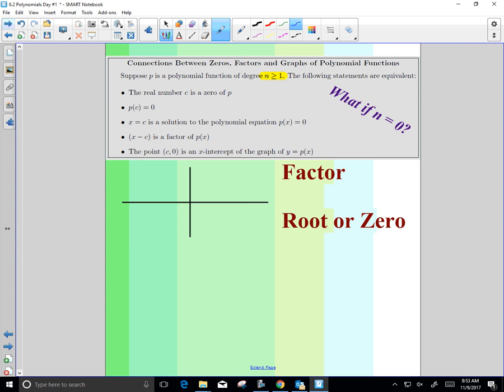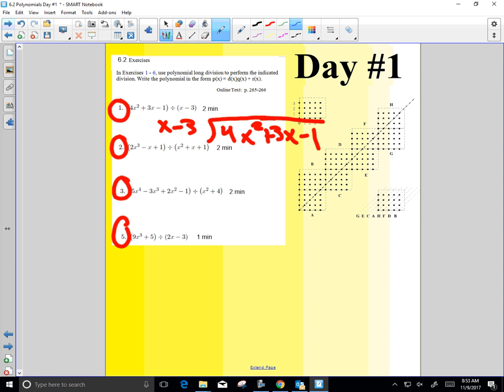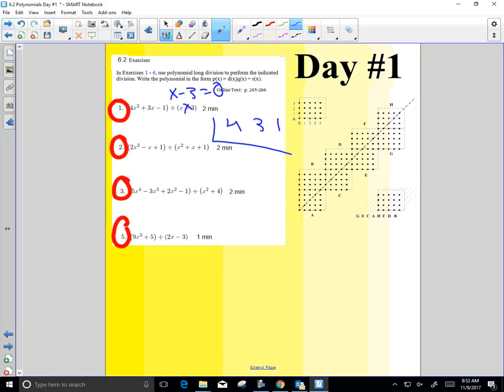So when you go through the homework, and we'll look at remainder theorem on Monday, if you did this with synthetic, this very first one, you would go 4, 3, 1. What's the root? If x minus 3 is the factor, what's the root? X equal to 3. So you drop it, you multiply, and you add. Okay? Multiply and add. So what does this tell you? This is the what?